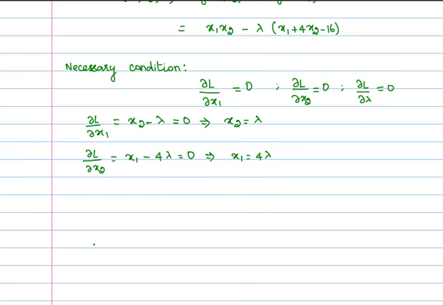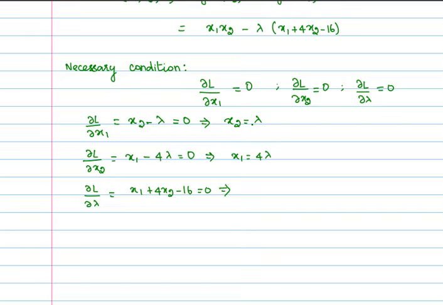Next, the third one is dou L by dou lambda. Whenever you take that, the corresponding constraint comes out. So the constraint is x1 plus 4x2 minus 16 equal to 0.